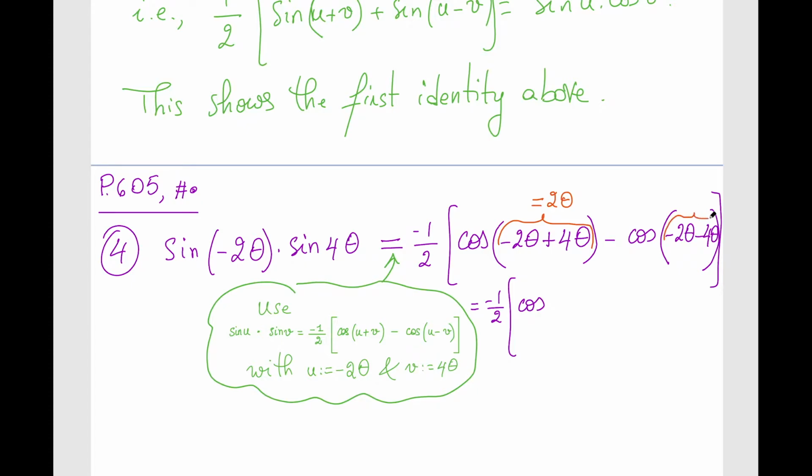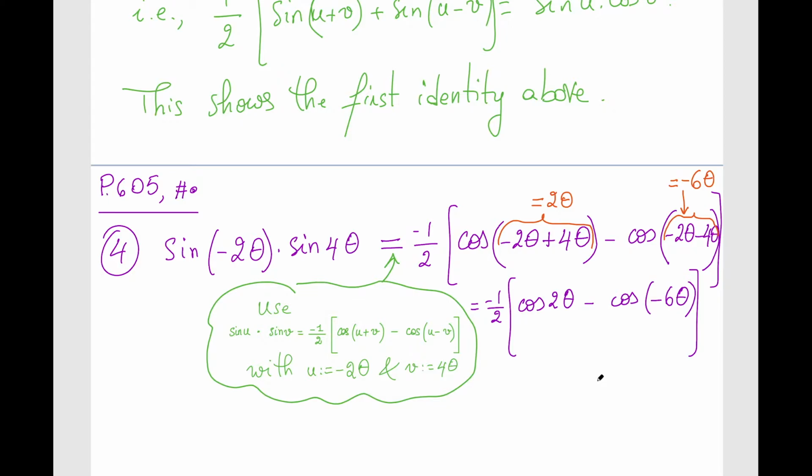And how much is -2 theta minus 4 theta? This is -6 theta. Agree with that? Okay, so as such I get -12 cosine of 2 theta here minus cosine of -6 theta.